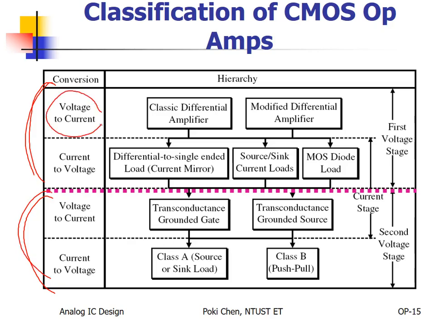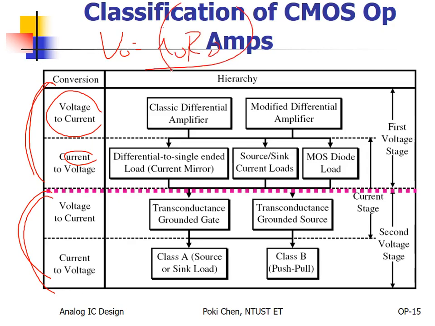More interestingly, you can see, never mind the first stage or the second stage, we always convert the input voltage into output current. Okay, that is the first idea you need to know. And then, how can you convert current back to voltage? Piece of cake, because V equals IR.